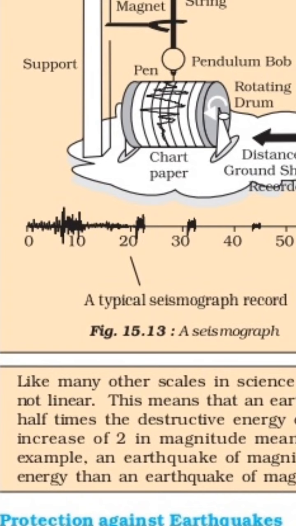Like many other scales in science, decibel is another example. We are aware of it. Many more scales are present in science. The Richter scale is not linear. This means that an earthquake of magnitude 6 does not have 1.5 times the destructive energy of an earthquake of magnitude 4.